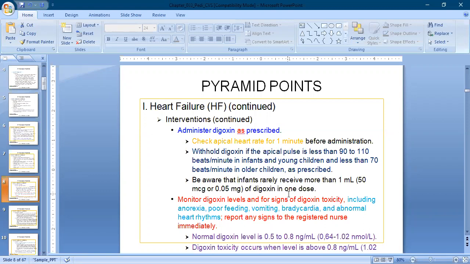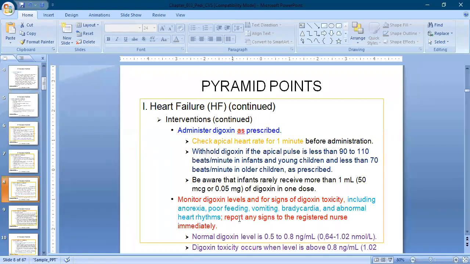So I said we have to know what the digoxin toxicity signs and symptoms are. Digoxin toxicity signs and symptoms include anorexia, meaning decreased appetite, poor feeding, vomiting, bradycardia, and abnormal heart rhythm.